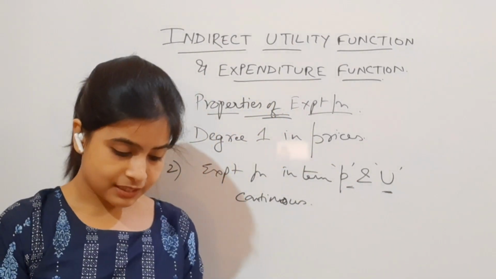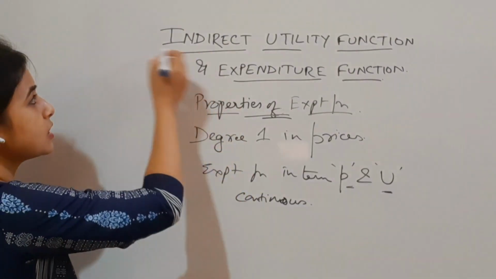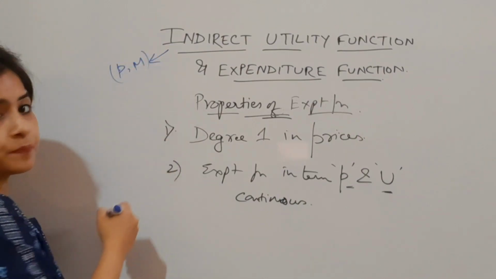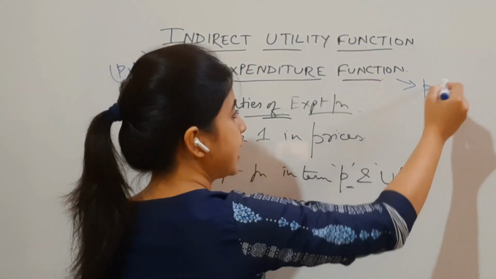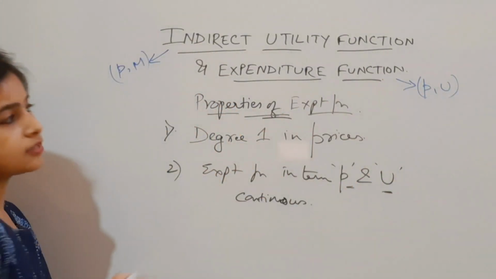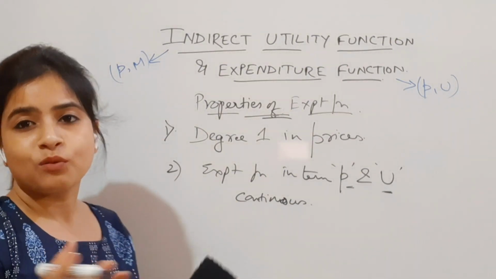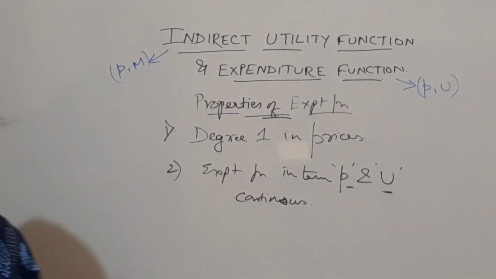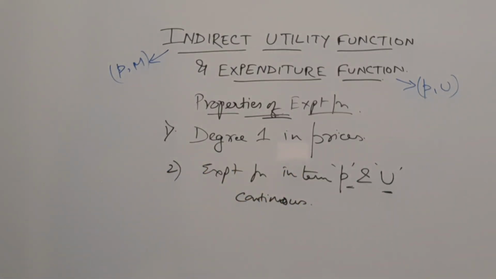One important difference between the two: in the indirect utility function, the unknowns are price and income. In the expenditure function, the unknowns are price and utility. Please remember this, otherwise you will find it a bit confusing, like which was the unknown and which was the known. So please try to remember this. So it is continuous in terms of the two variables.